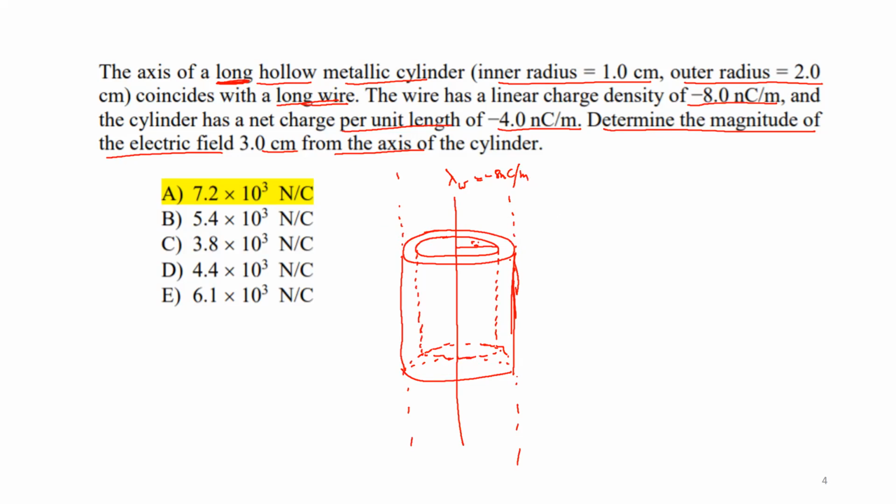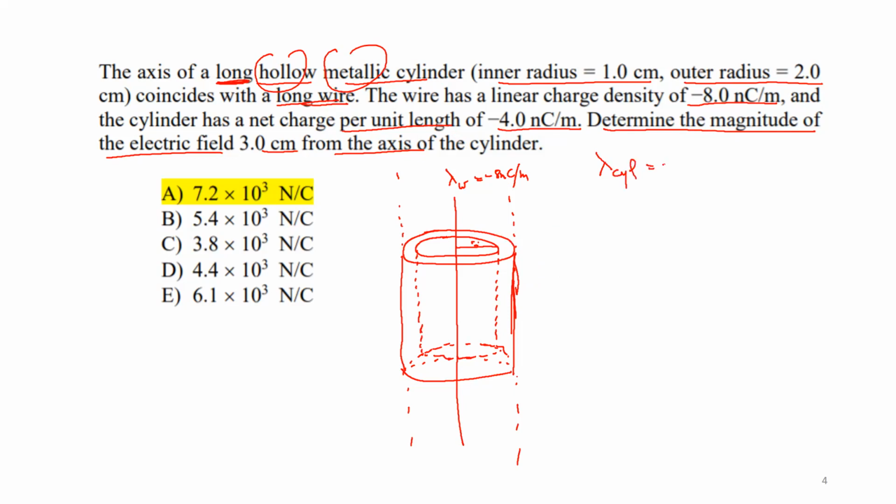And this long hollow metallic cylinder has a net charge per unit length of -4. So basically I'm giving you here the linear charge density of my cylinder. Let me write it.